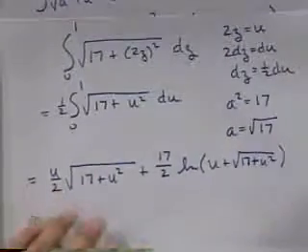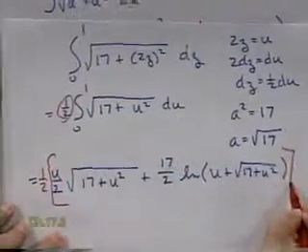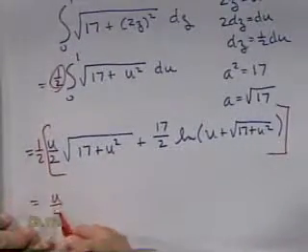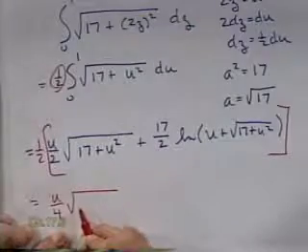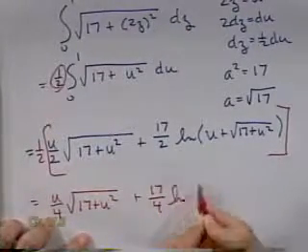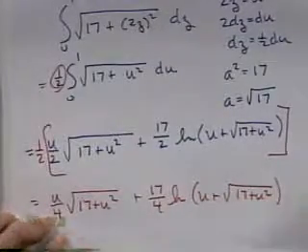Except I forgot one little thing. I have my 1/2 there. Okay, so this is going to equal u over 4 square root of 17 plus u squared, plus 17/4 log of u plus square root of 17 plus u squared.